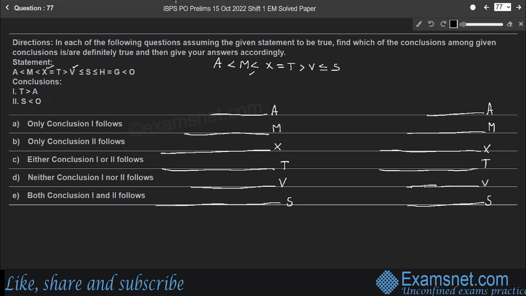Right? The next part. S less than or equal to H. So S is less than H in first case or equal to H. Next part.